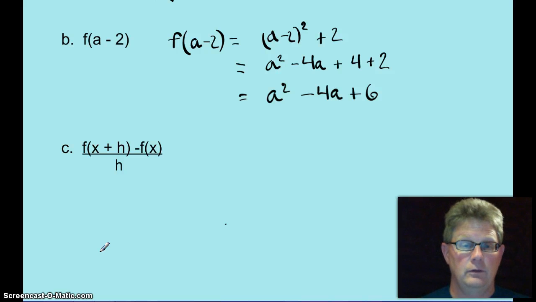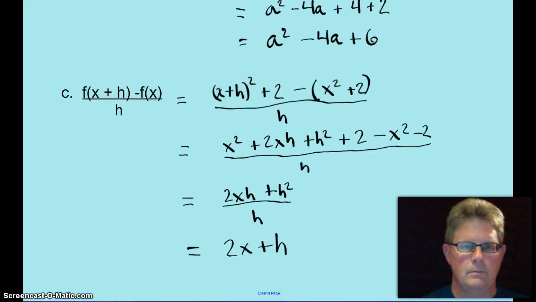Alright, the next one is a little bit crazy, but you'll see this with derivatives and the definition of a derivative all the time, so it's good to get you going on it now. Go ahead and pause right now. Now, muddle through it and then pause. Alright, see you in a minute. Alright, there you go. 2x plus h.